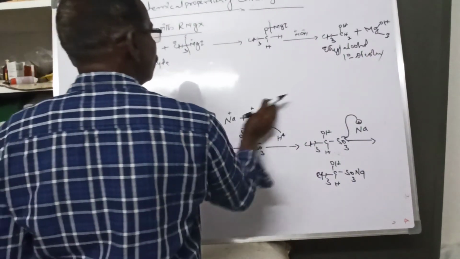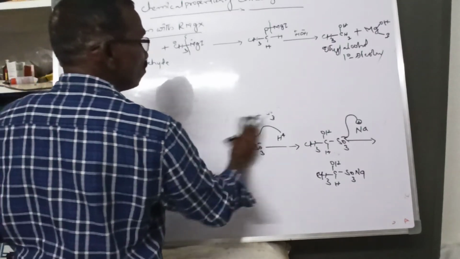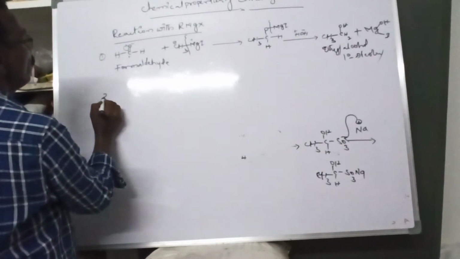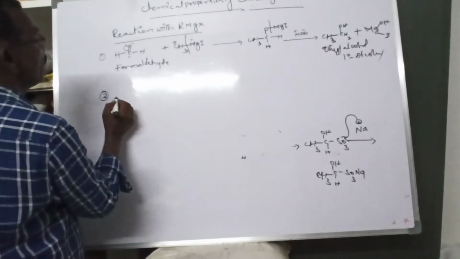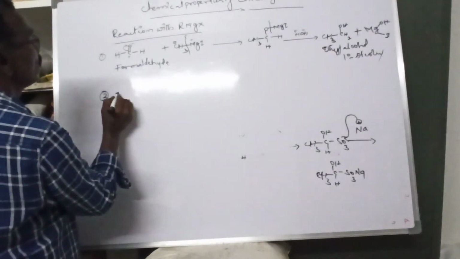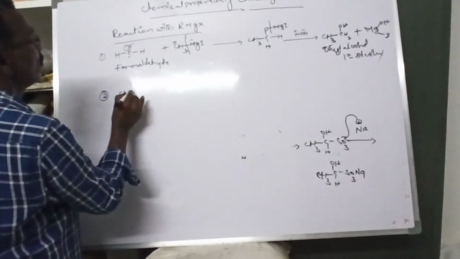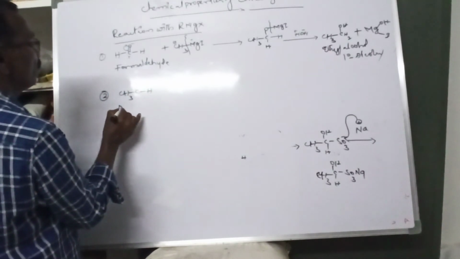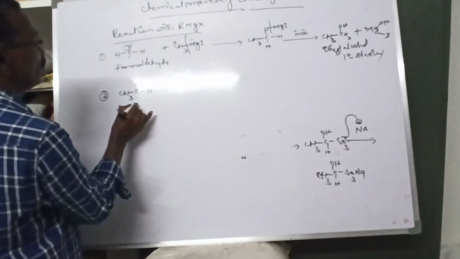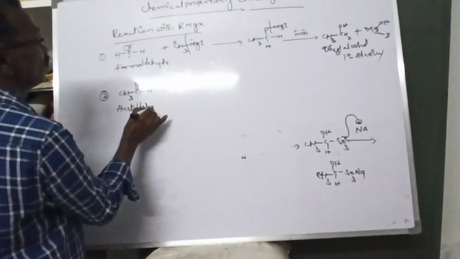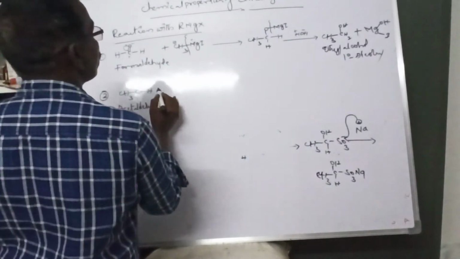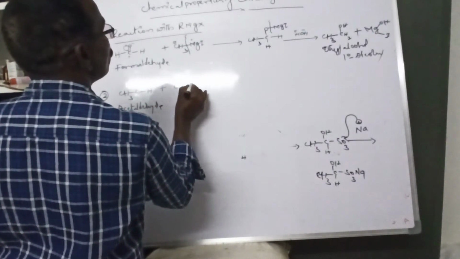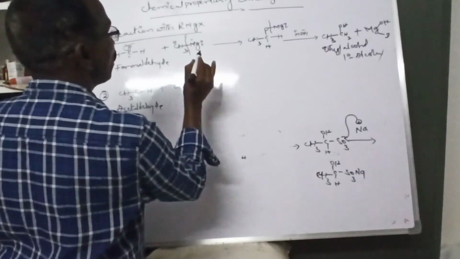If you take another one, the preparation of secondary alcohol, the starting material is acetaldehyde. When acetaldehyde reacts with Grignard reagent, it forms a secondary alcohol. That is CH3 CHO, acetaldehyde, reacting with Grignard reagent, methyl magnesium iodide.